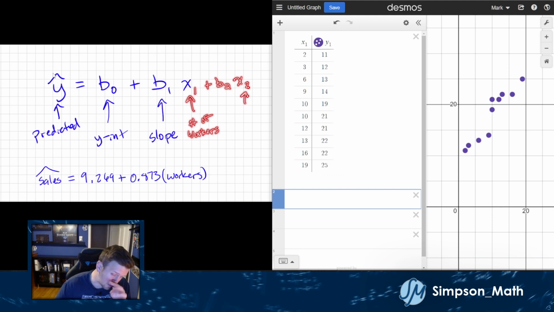Maybe this additional x variable were the number of customers. Maybe I want to use the number of customers to also help predict how much revenue there's going to be. So if I have a way of documenting the number of customers that come in through the front door on a certain day, then I could use that to also make some predictions.